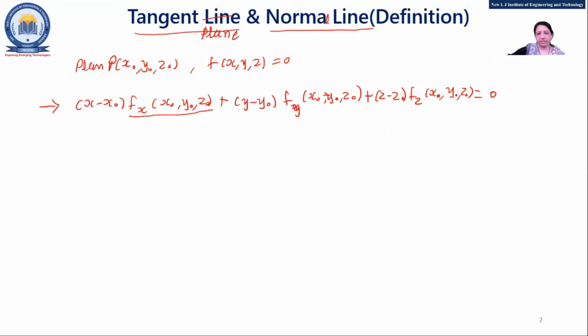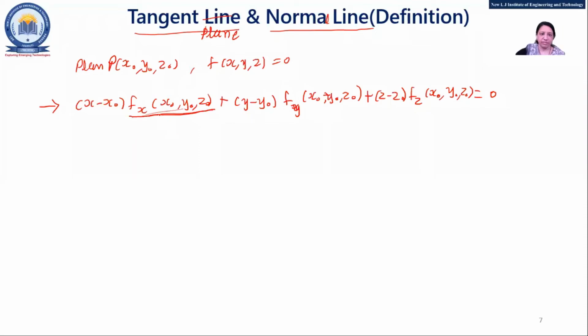Dev Patel, one number. What is the meaning of this? Formula of tangent. In that formula I have written (x minus x0) into fx at (x0, y0, z0). So what is the meaning of this? Anyone? I don't know. Okay, fine.